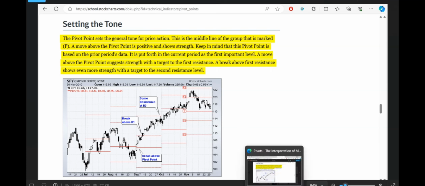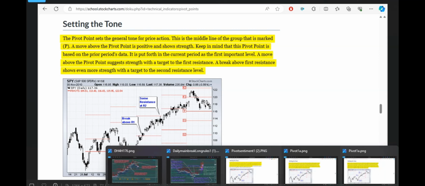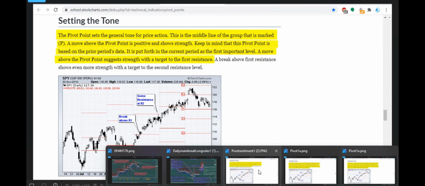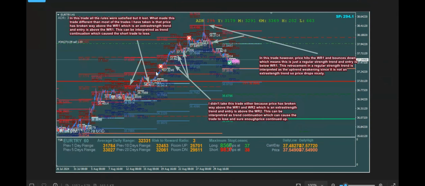So we don't want to take trades when price is in this extra strength trend mode.